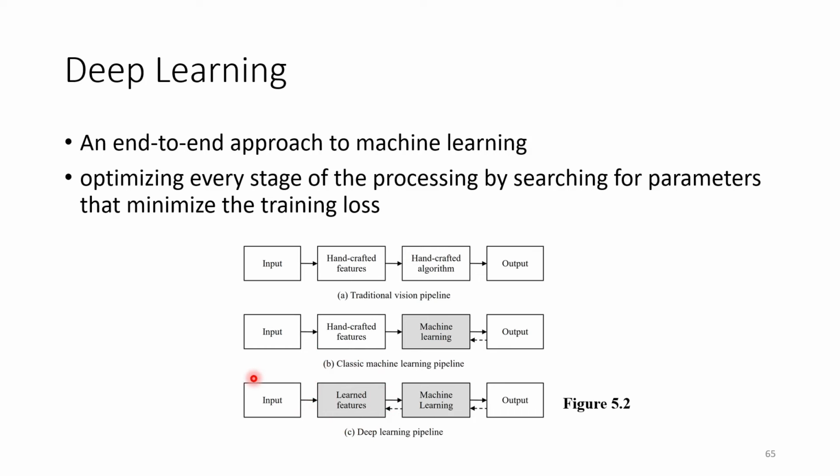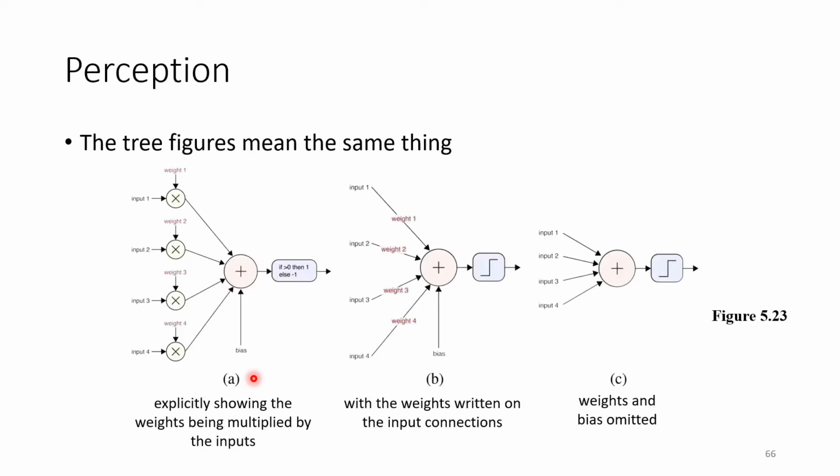So for deep learning, the basic concept is the perceptron. Perceptron is a structure. It means there are some weights and there are some input values.